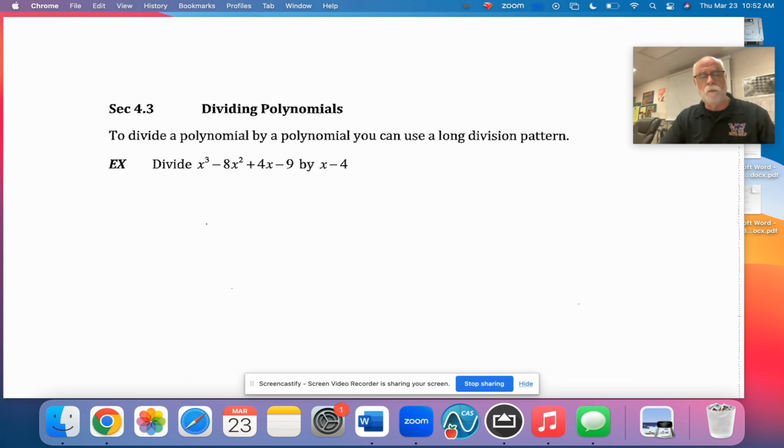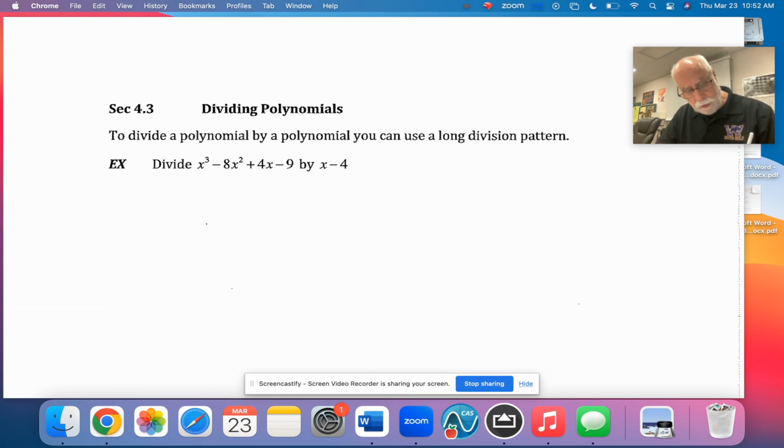To divide a polynomial by a polynomial, you can use a long division pattern, that long division pattern that we learned in 7th, 8th grade. So we're going to divide x cubed minus 8x squared plus 4x minus 9 by x minus 4.